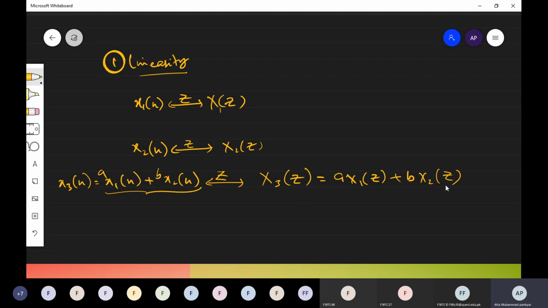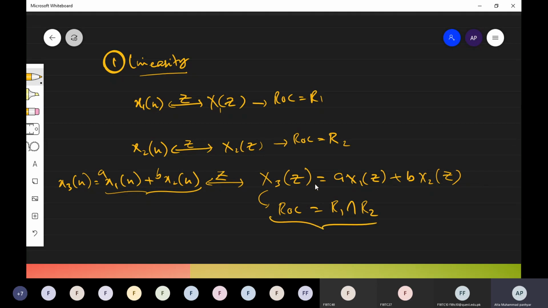So for example, if the region of convergence ROC of this is R1, and ROC of this is R2, then ROC for this signal must be the intersection of both. We have proved this property in our previous classes when we were discussing Z transform and its definition, right?